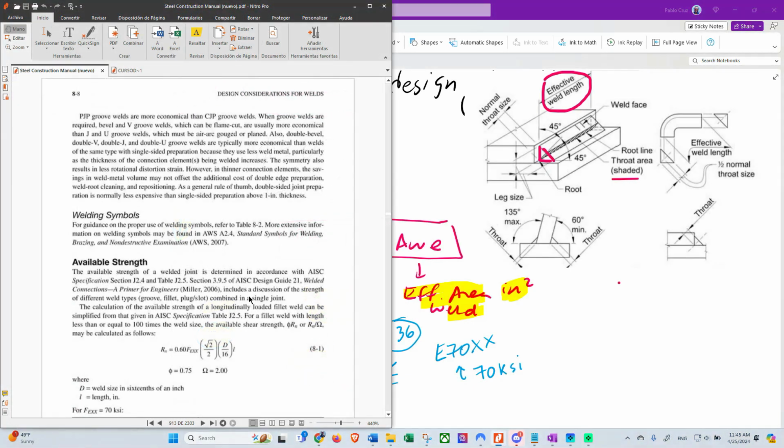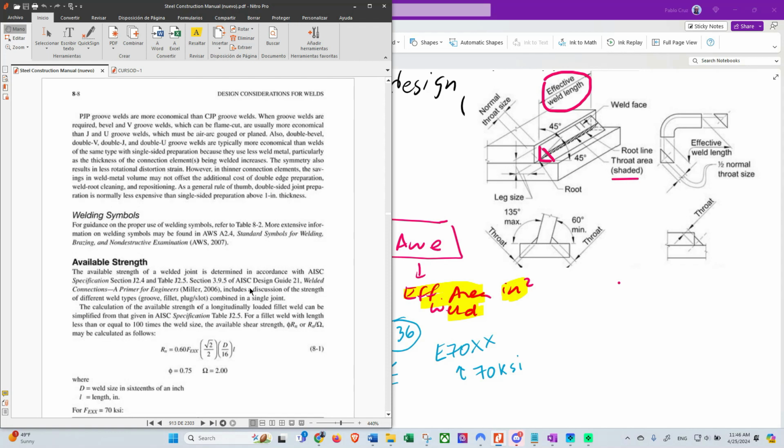So now we are on section 8 of the manual, and we have the design considerations for welds, and then we have the available strength here. This is referring again to the specification, section J2.4 and table J2.5, and also it is talking about the design guide 21, Welded Connections, a Primer for Engineers, from Miller.